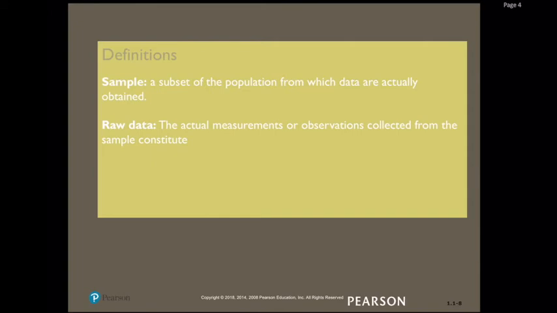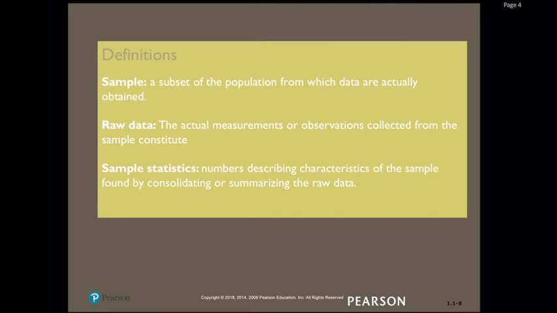So if I was sampling a student, I could collect data on their age, GPA, ethnicity, whether they're a first-generation college student. Did they get their GED or high school diploma? What classes are they taking? What's their major? What's their age? There's so many different data we can collect from people, and that's why most people want to study people, because they're the most interesting. And from that raw data, from our sample, we can calculate the sample statistics.